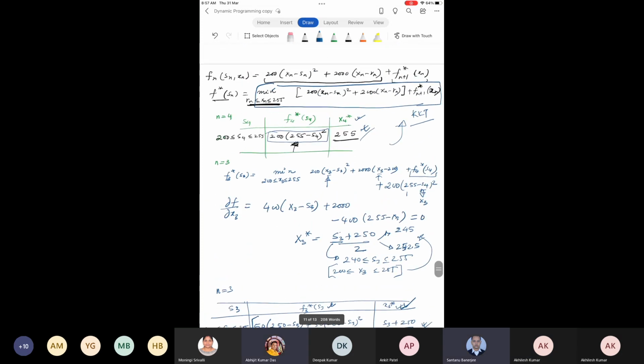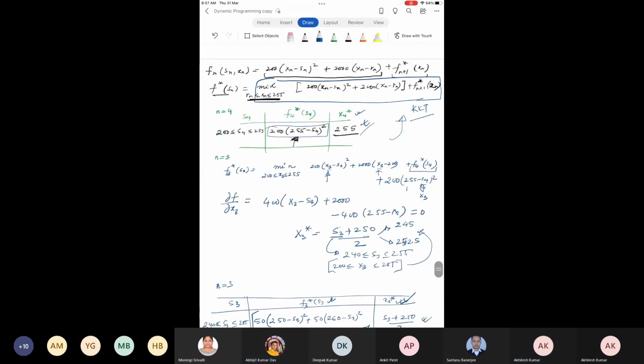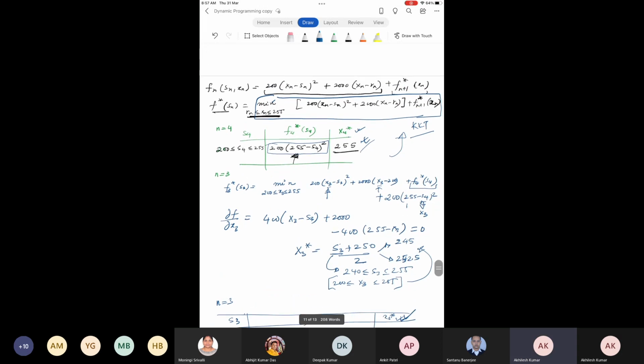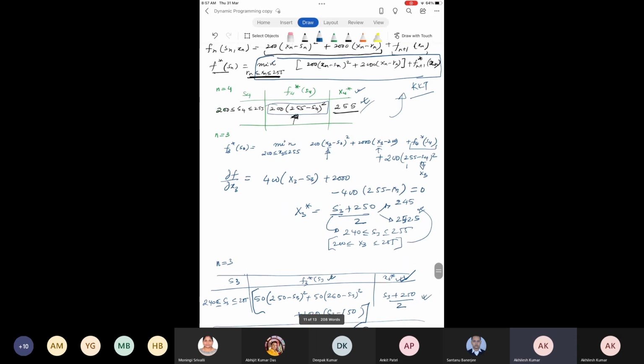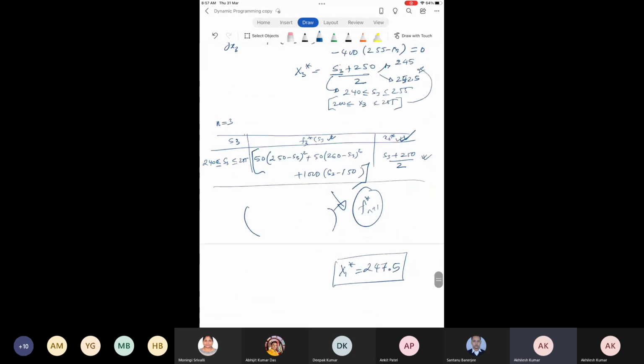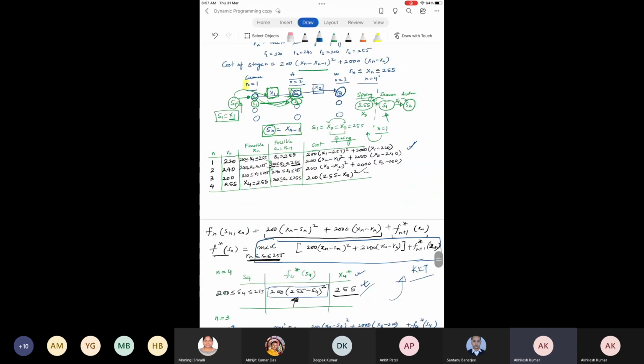Sir, this has become a bit too complex. What can I do? It's easier to teach these problems on the board, because you can see two things together. Here it becomes a little complicated. It is not that complicated actually, Ajit. If you have understood this part, it is just simply calculations. Not very difficult calculation, just del f by del x equals to 0 and you have to find the values.